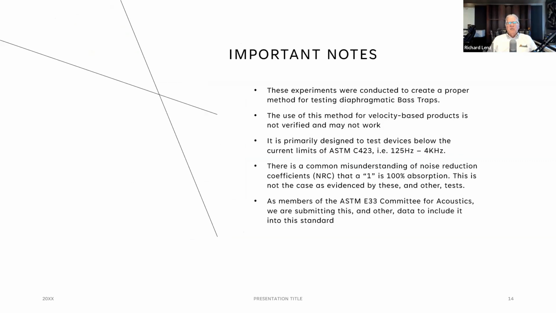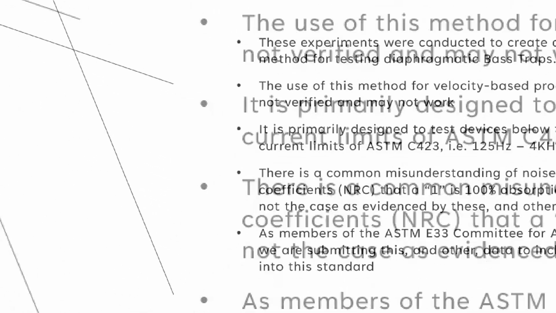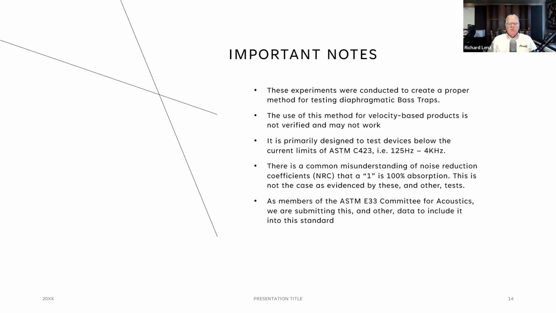And again, I think the only other one that could be tested this way, but time will tell, we'll see, is probably Helmholtz bass traps, because they're going to work on somewhat the same principles with pressures. The idea here, especially since Ron and I are both on the ASTM C423 committee, is to be able to present some cogent information as to including this as an addendum to C423 for testing low frequencies.